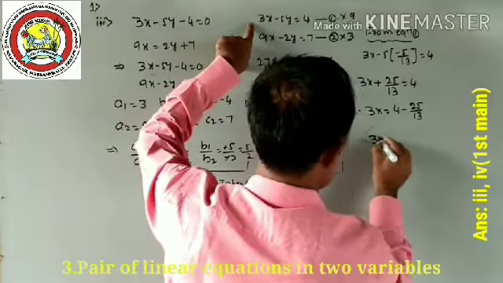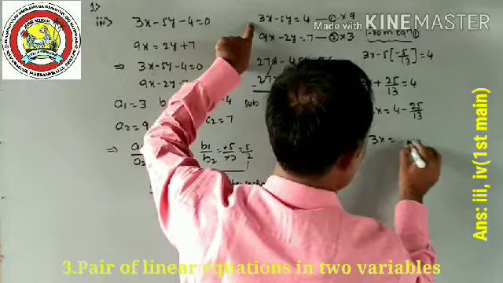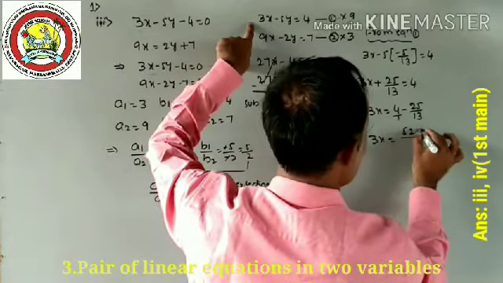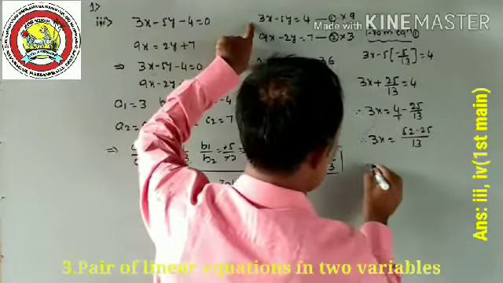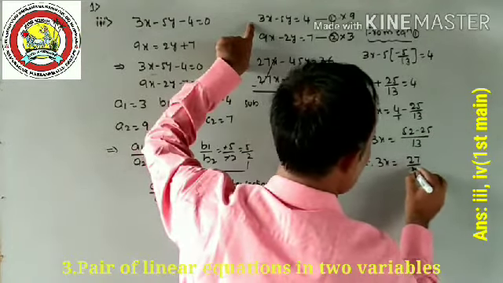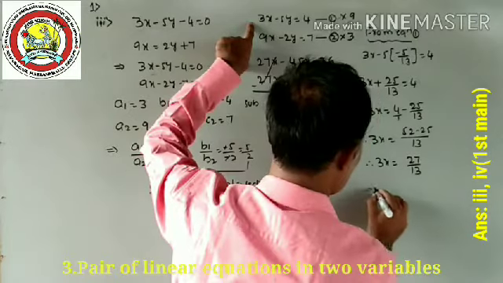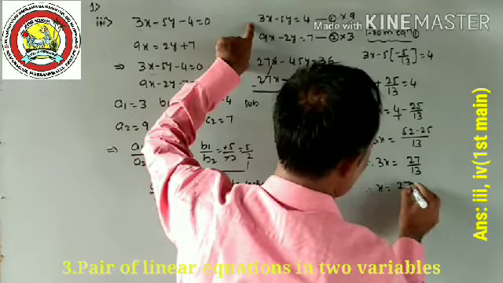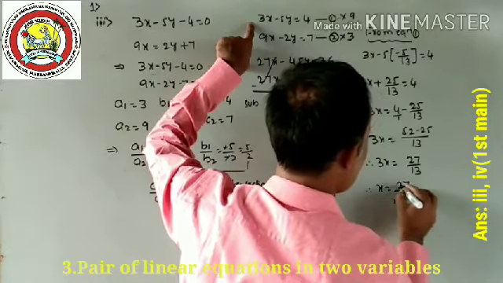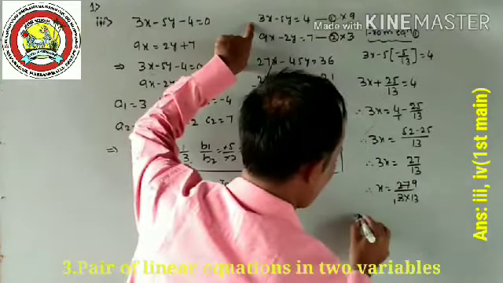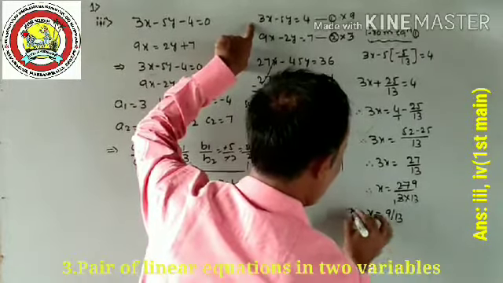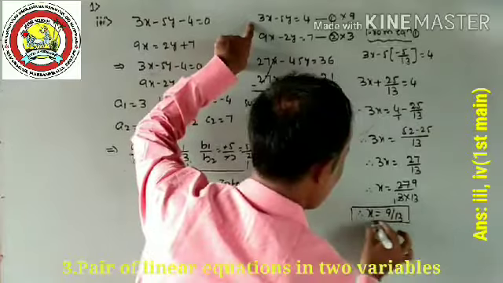Take the LCM, 13: 13 times 4 is 52, minus 25. Therefore 3x is equal to 27 by 13. Therefore x is equal to 27 divided by 3 into 13. 3 nines are 27, so the value of x is equal to 9 divided by 13.